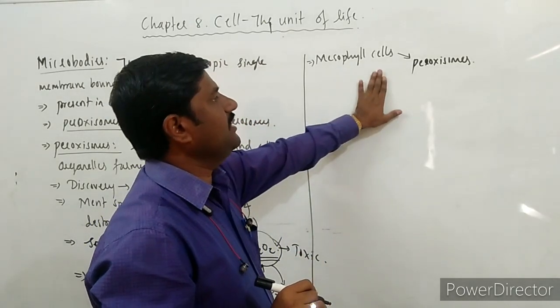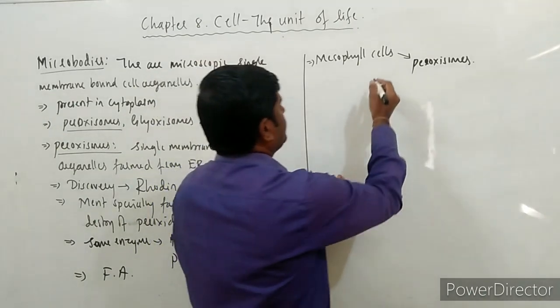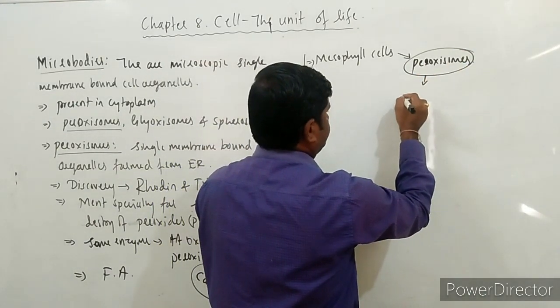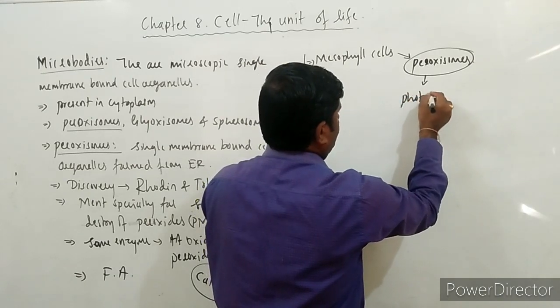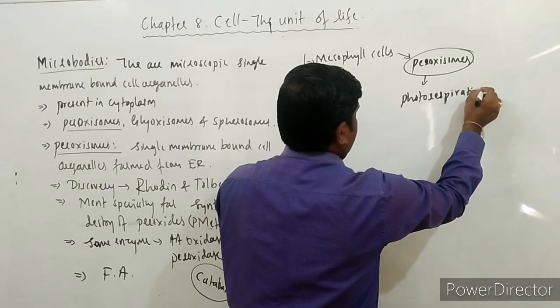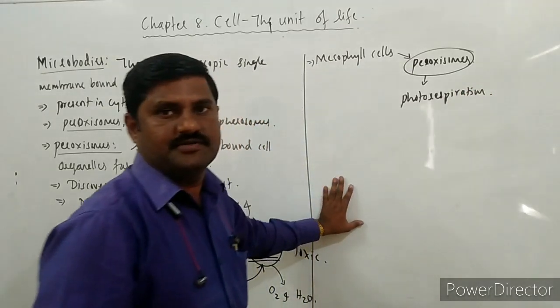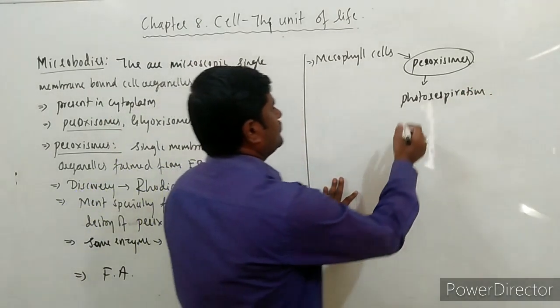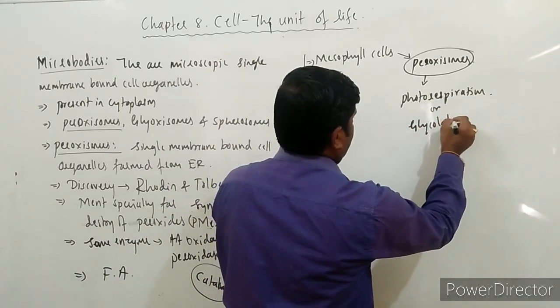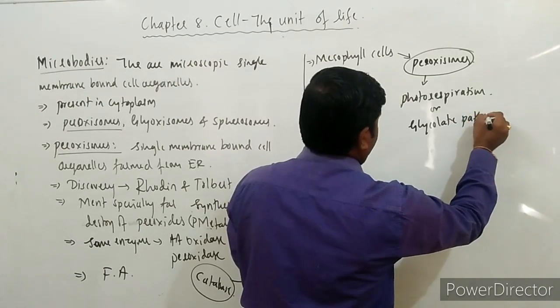What happens being in the mesophyll cells? These peroxisomes help in photorespiration, which is also called the glycolate pathway.